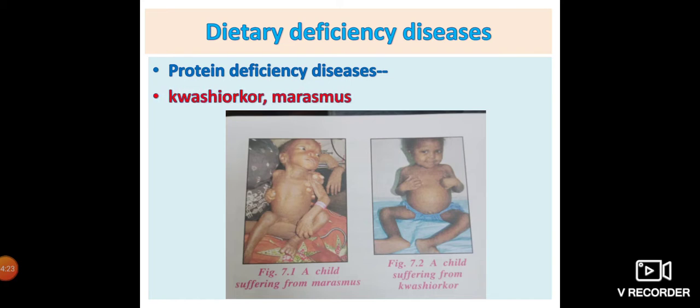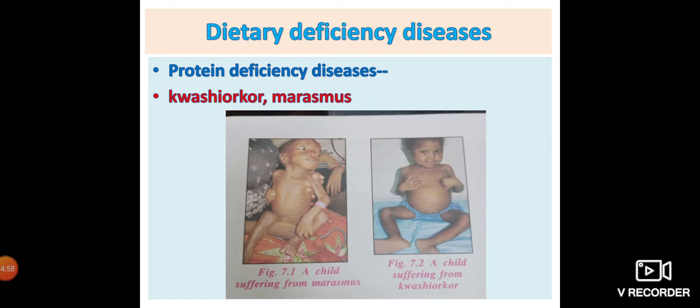A diet lacking in nutrients such as proteins, required for the growth and repair of the body, results in degeneration of our muscles, and there will be loss in body weight. Proteins are needed for the growth of people, mainly children. This nutrient, protein, helps in the growth and repair of our body cells.